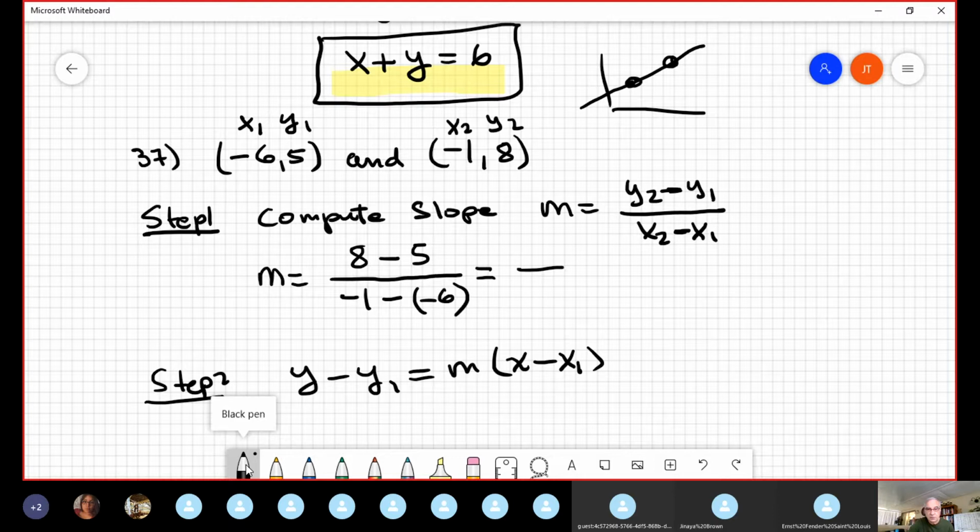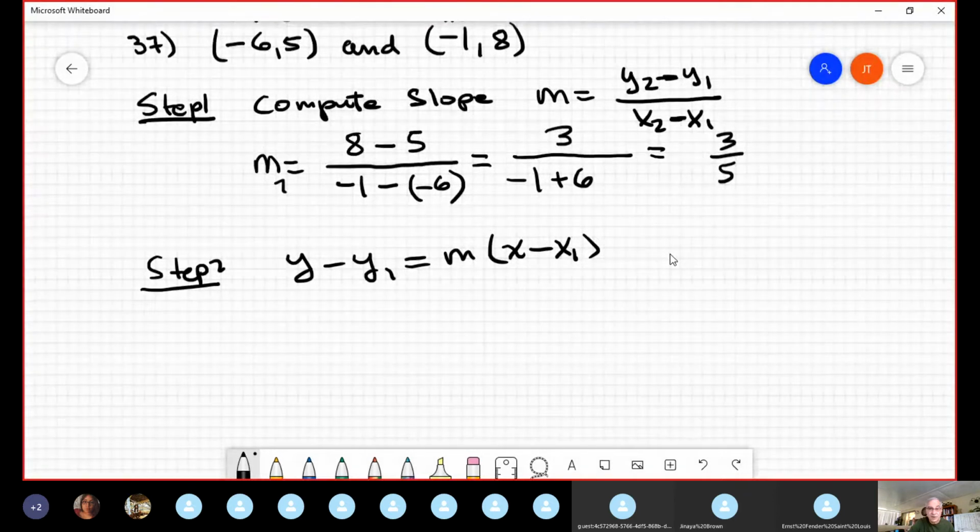Be careful. This is 3 on the top, 8 minus 5. And on the bottom we have 1 plus 6, because a double negative becomes positive. So this is 6 minus 1, which is 5. This is the slope. We have only one slope, not 2 lines. You have 2 points in this example.